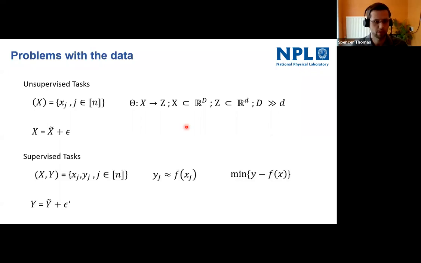But this also extends to some supervised tasks, where you have pairs of data and labels, and you want to find a function that approximates the label based on this input data X, usually solved by a minimization task. But these labels potentially have an uncertainty associated with them as well.